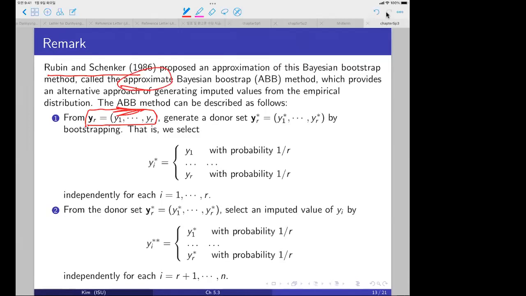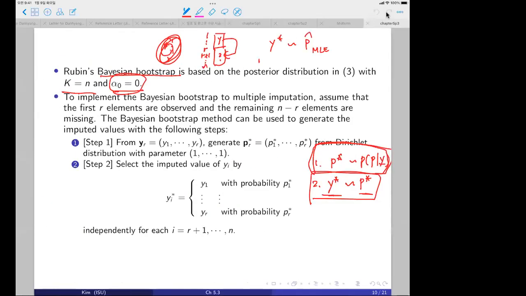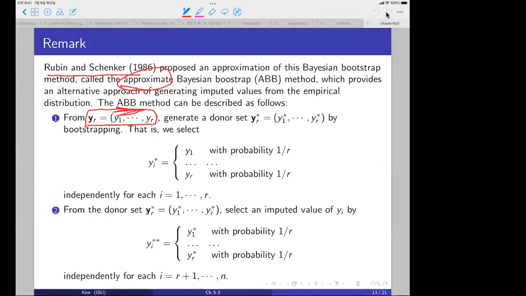So the idea is to give some perturbation, right? To give some randomness in drawing imputation. Rather than using a fixed one, you draw randomness here. But you can draw the randomness by doing bootstrap twice: a bootstrap once and a bootstrap second. At the end of the day, you have the same.